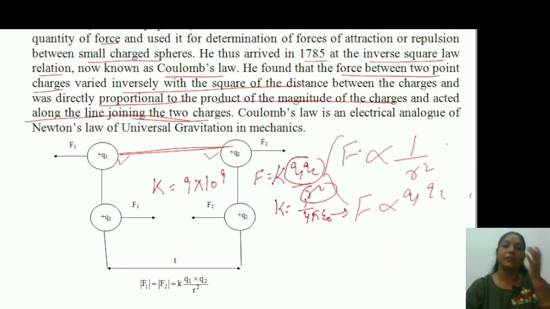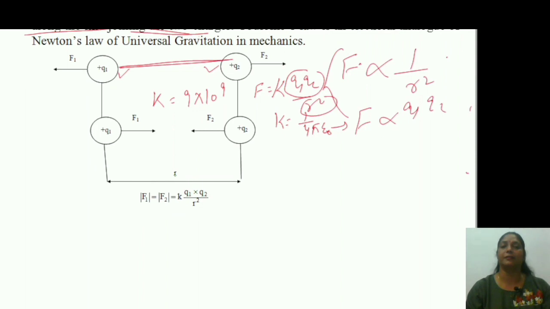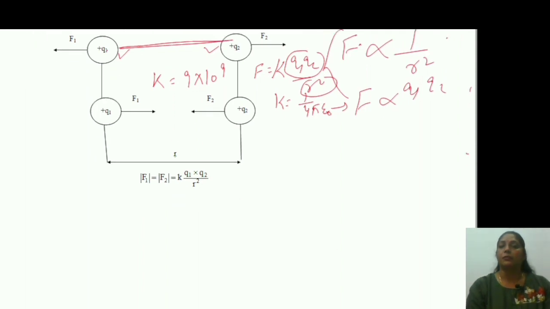Now you know what is Coulomb's law, what is the formula for that, what is the relation between force, charge, and distance between the two charges. So everything is given here, right? Force exerted by first charge on second one is equal and opposite to force exerted by second body on first one.